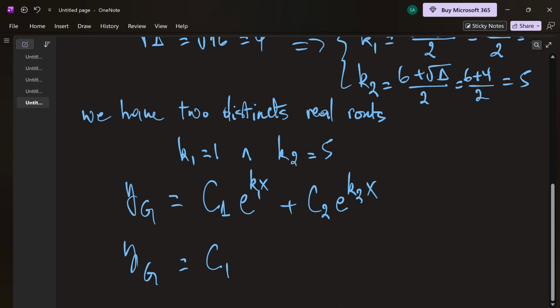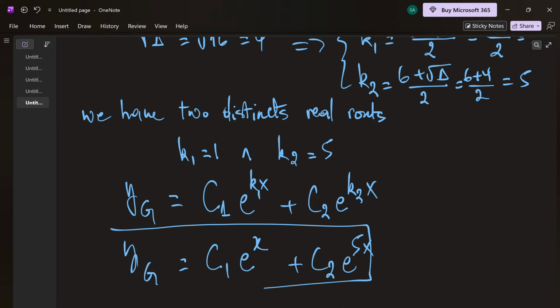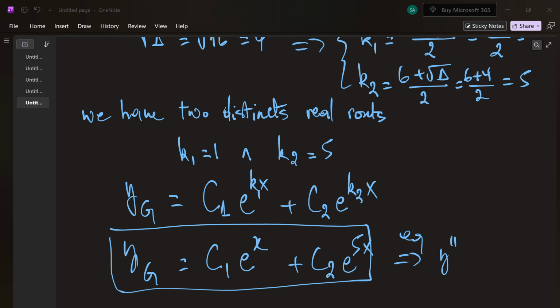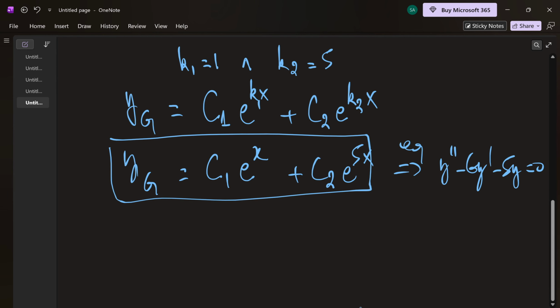Therefore it would be c1 exponential x plus c2 exponential 5x. Okay, so this is the general solution to the equation y double prime, minus 6y prime plus 5y equals 0.